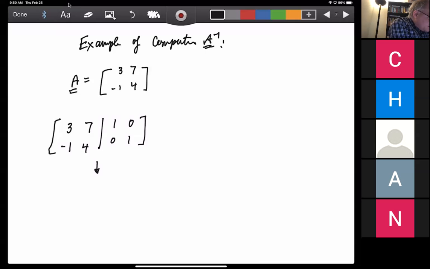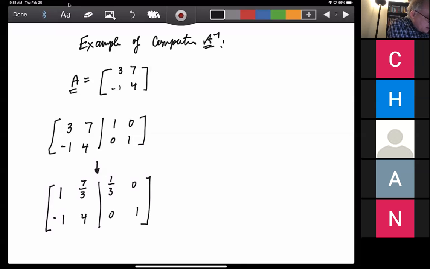So let's say that we start by taking that first row and dividing by 3. I multiplied every entry in the first row by 1/3 so that I could get my pivot entry of 1 all the way to the left on the top row.